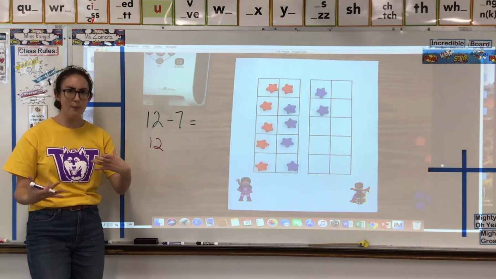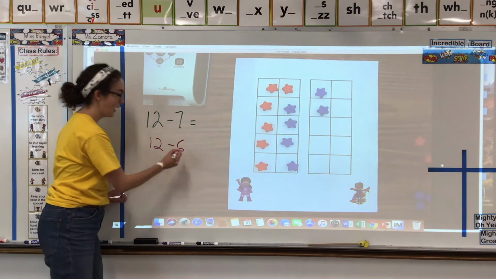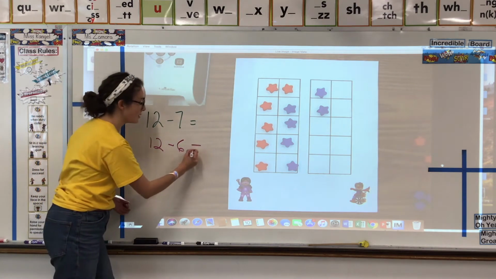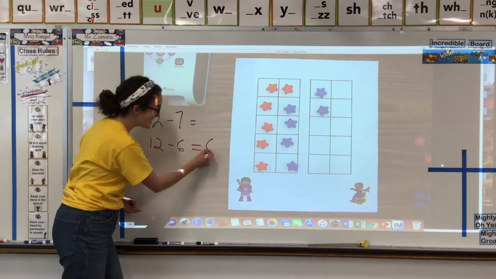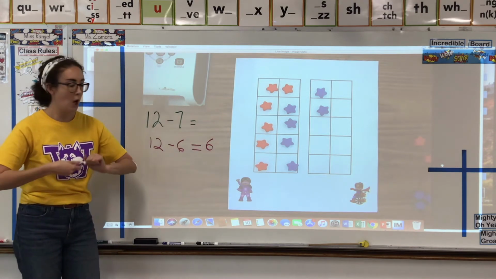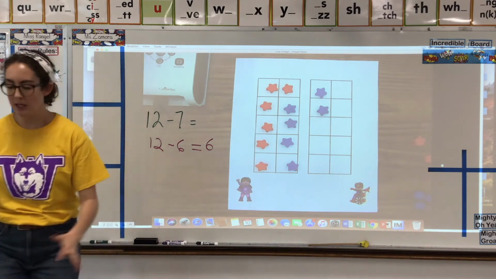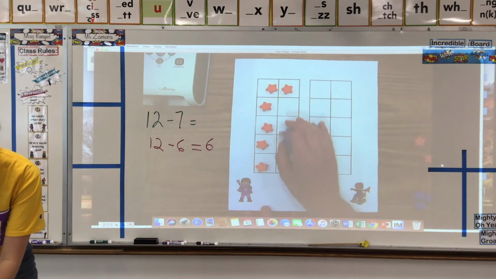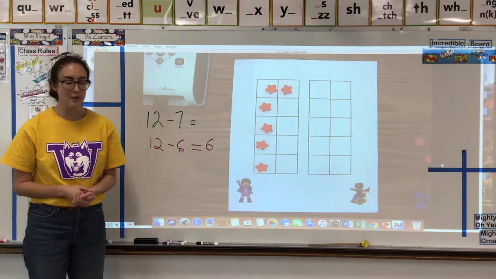We already know our doubles in there. 12 minus 6 equals, what's the other half? Just 6 left, of course. 12 minus 6 equals 6. So we can show that on our board. I take away just half, and I still have 6 left.